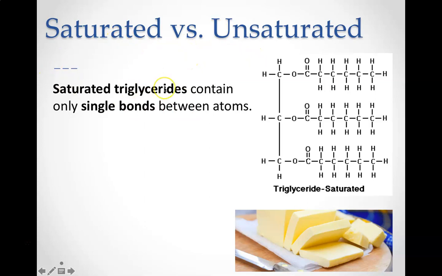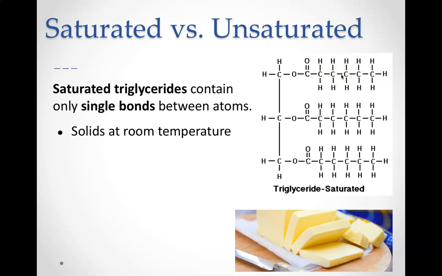First of all, saturated triglycerides contain only single bonds between atoms. Those are these little lines in here. If it's been a while since you've done chemistry, you might be like, what is that? You can see in between all of these carbons in the fatty acid chains, we only have one line in between them, and that's called a single bond.